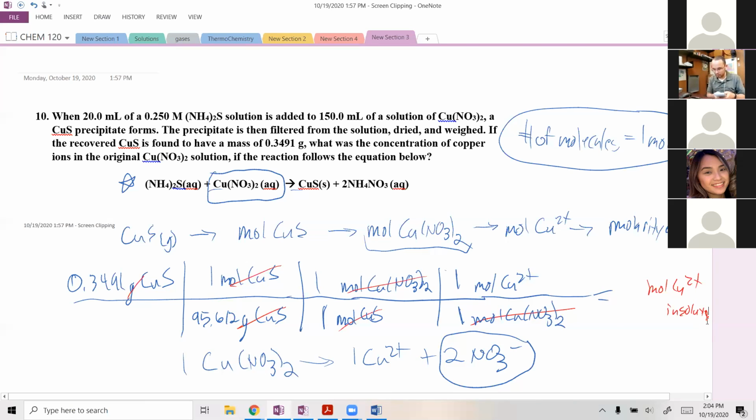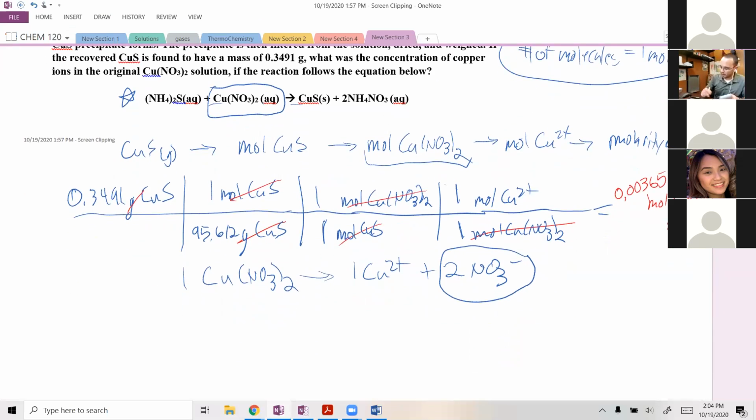So we got 0.3491 divided by 95.612. 0.00365. Oh, we need one more. 1 mole of copper 2 plus. And so if we want to change that into a molarity, what do we need to divide that by?